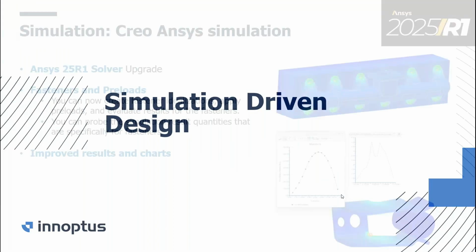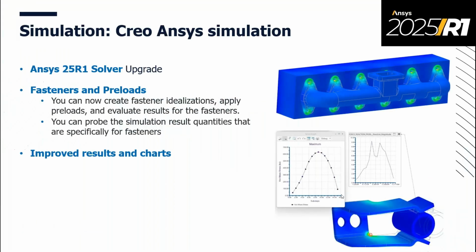Simulation. As you know, ANSYS and PTC have a partnership, so we see more and more ANSYS simulation technology coming into Creo, which is interesting. As you know, ANSYS is way more powerful than Creo ever had functionality for.